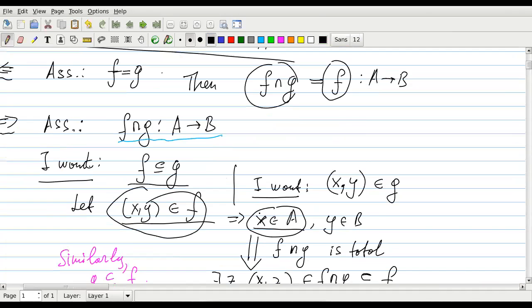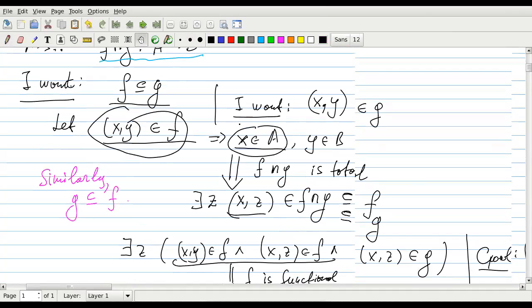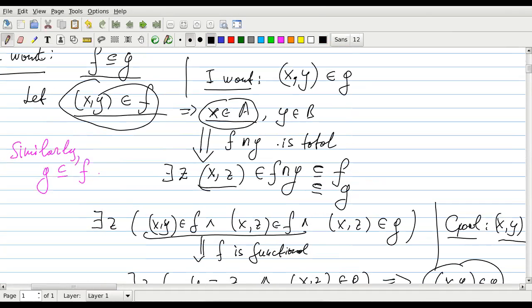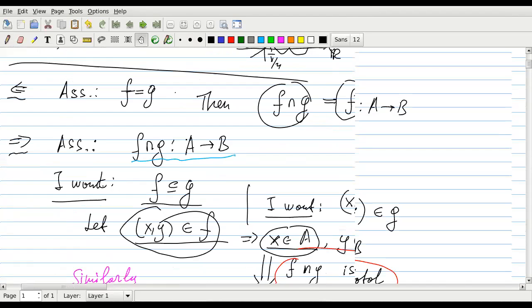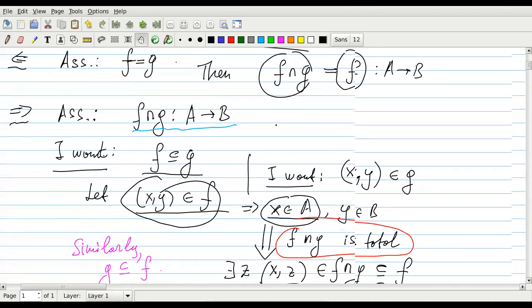Okay, we first use that f intersection g is total, and then we use that F is functional. Just these two properties, of course. So we have not used some statements, namely that G is a function. This was irrelevant here.